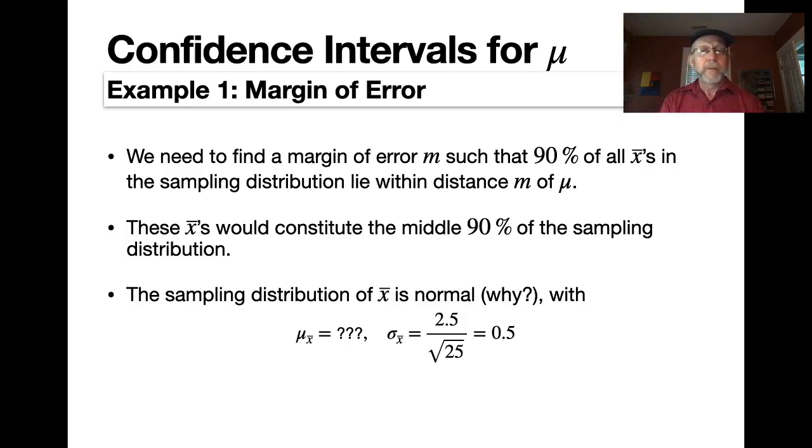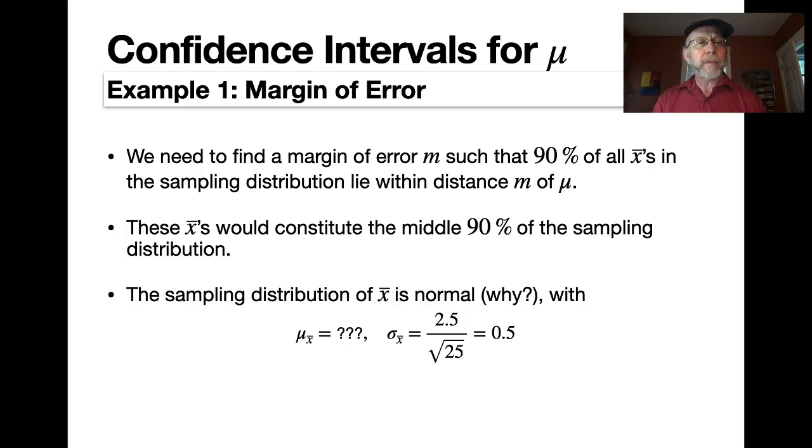Why is that? It's because the population distribution was given to be normal in this example. The mean of the sampling distribution is unknown, but we do know the standard deviation. It's just the standard deviation in the population, which is 2.5, divided by the square root of the sample size. So that turns out to be 0.5.